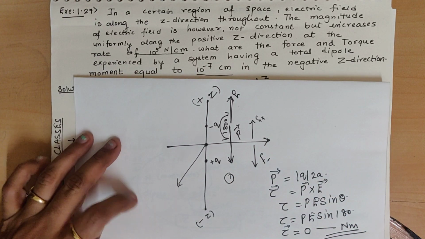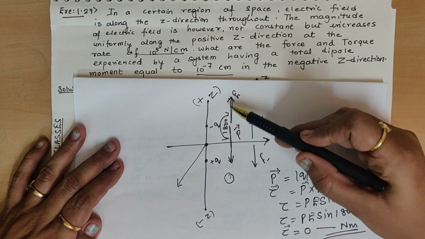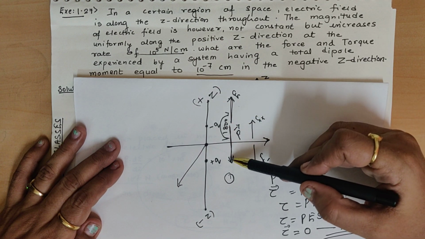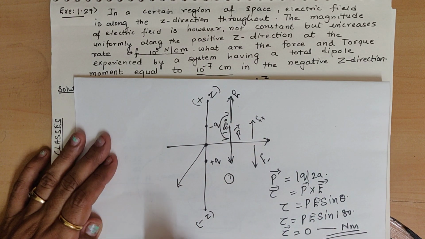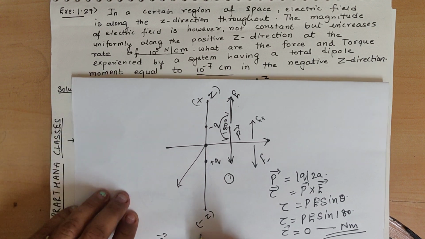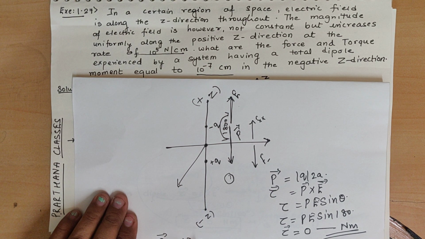Now we come to the first part. As I told you, the positive charge will experience a force in the direction of E and the negative will experience the force in the opposite direction of E. Now we need to find out the force. See, the force would be, I have written, dE upon dZ into P. Now why have I written like this?